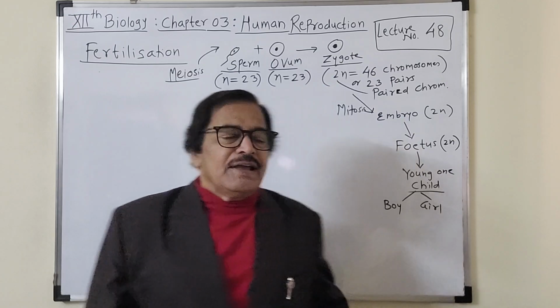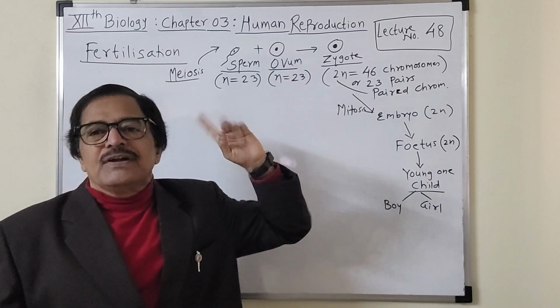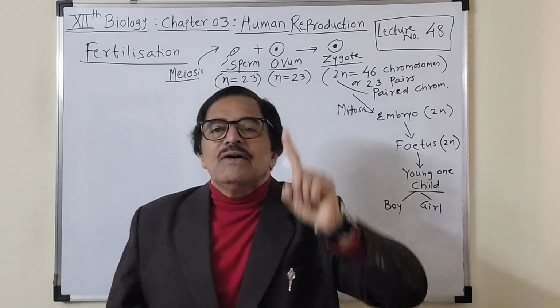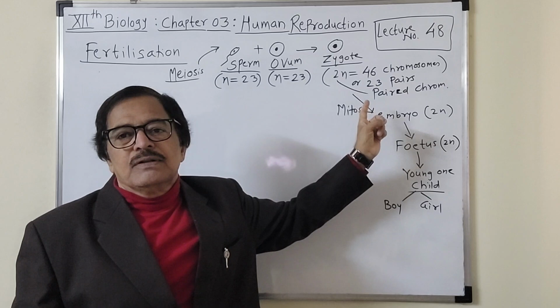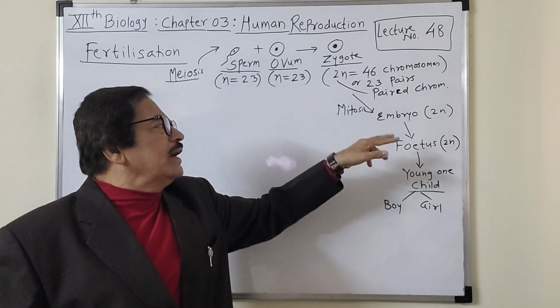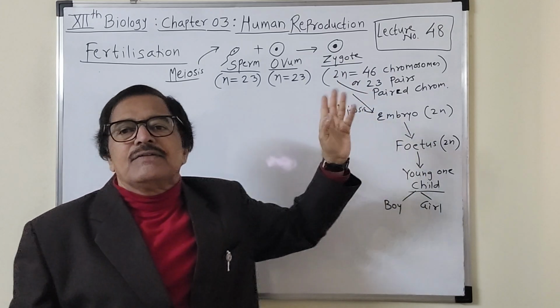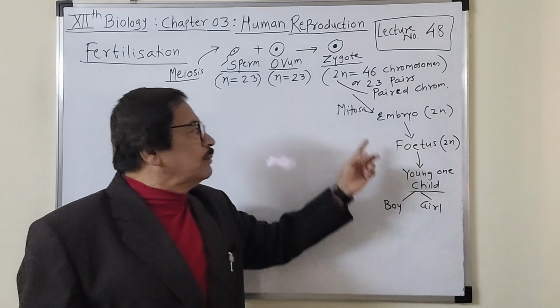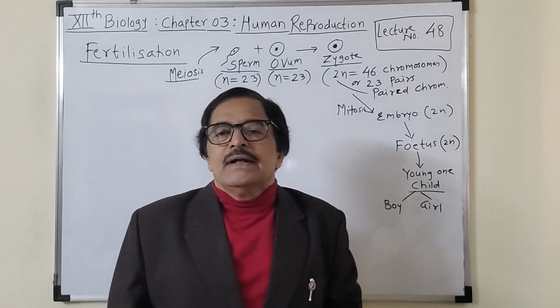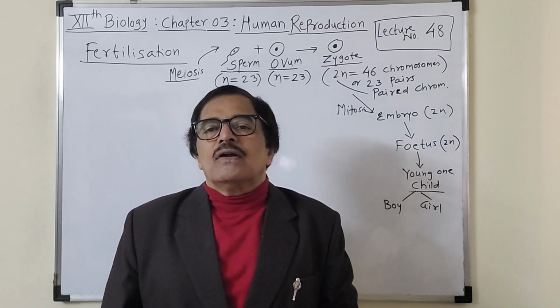So this zygote is diploid, a single cell, and everybody of us has developed from this single cell called the zygote. Then what happens? This zygote undergoes mitotic divisions, which we shall learn now. They are called cleavage. Then it becomes an embryo. Then that embryo undergoes organogenesis.